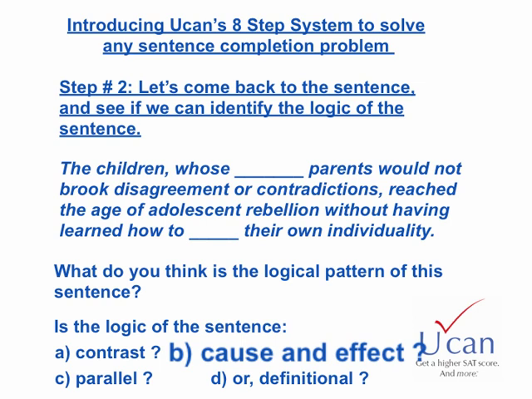The effect is they reached, of course referring to the children, the age of adolescent rebellion without having learned how to blank their own individuality, okay? So bingo. So now basically we have nailed the logic of the sentence, and it is cause and effect. So now we're on to step 3.